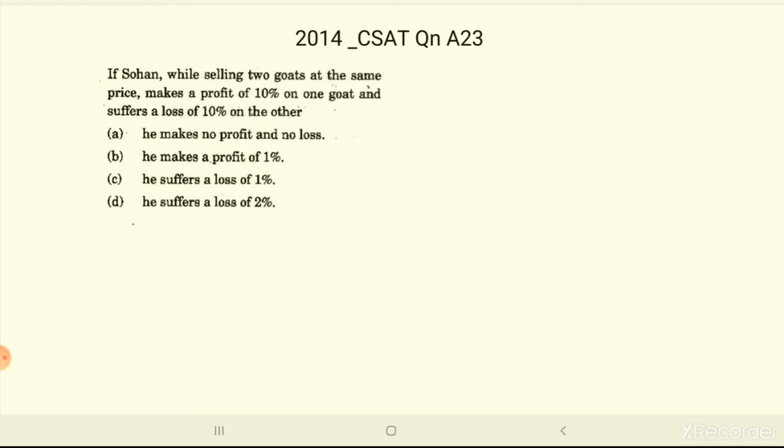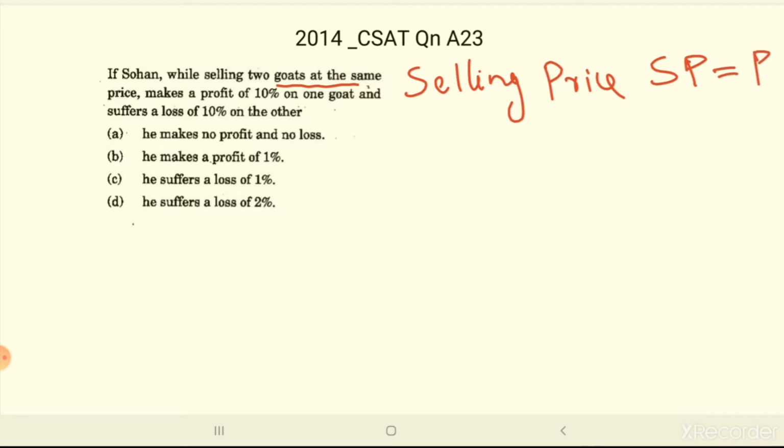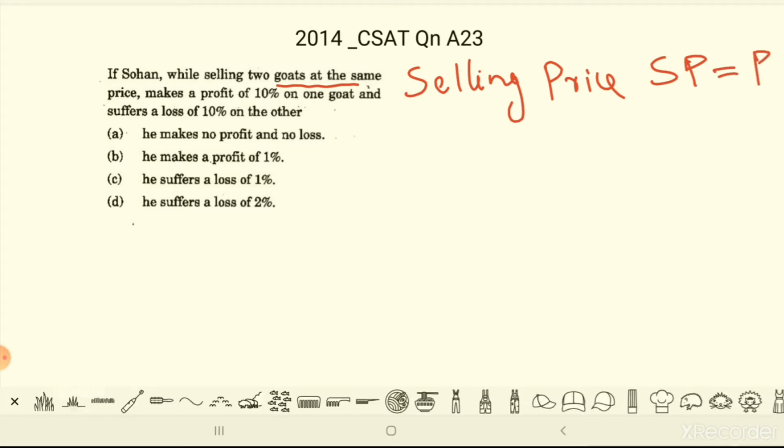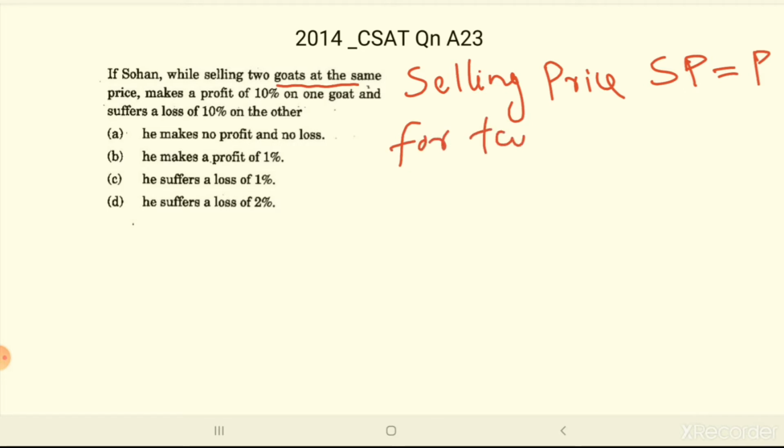Here it is given that the selling price of two goats are the same. Let us take the selling price of each goat equal to P. Then for two goats he gets a total selling price equal to 2P.